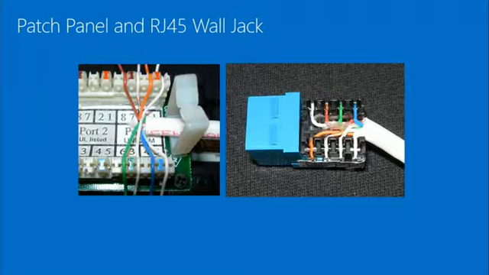So wall jack in Bob or Jane's office is associated to patch panel area 5 or patch panel port 5. And you can see on these, they actually give you a little bit of assistance.